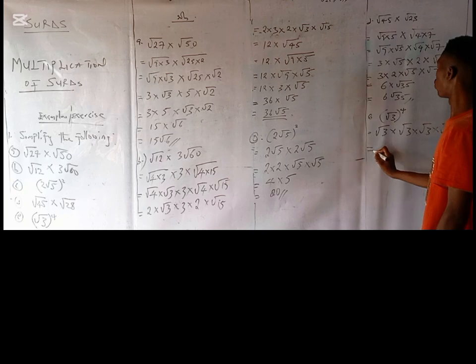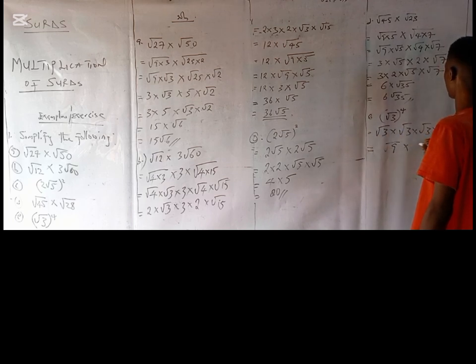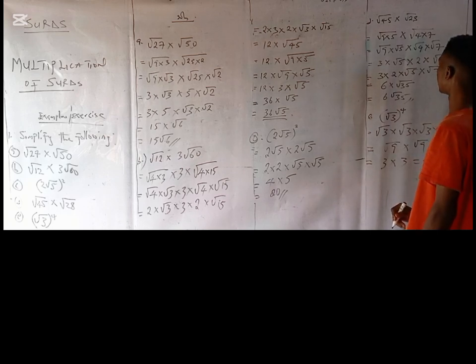Root 3 times root 3 we have 3. Or I can say root 3 times root 3 is root 9, times root 3 times root 3 is root 9, which is 3 times 3, which is equal to 9. So that's the answer.